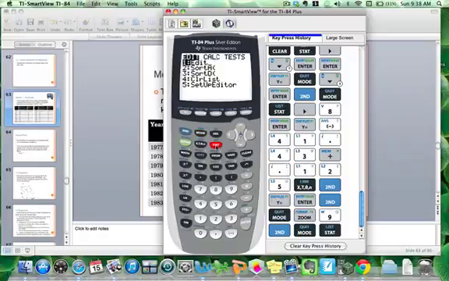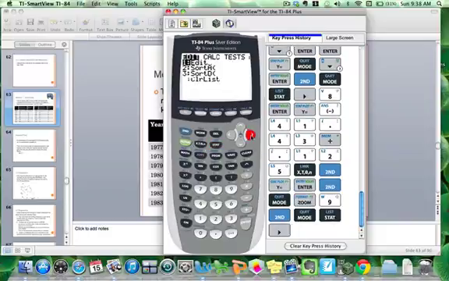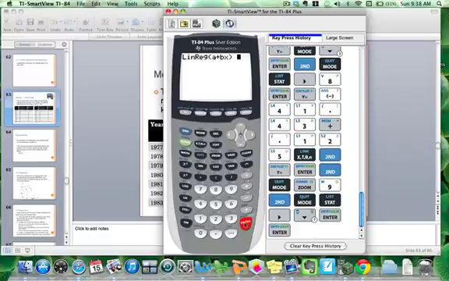Do you remember where we go to find the LSRL? Over to Calc. And then I don't choose the first lin reg, I choose the second one, which is option 8. So I'm going to go to option 8, lin reg, hit enter, and now the equation of the least squares regression line is showing on my home screen.